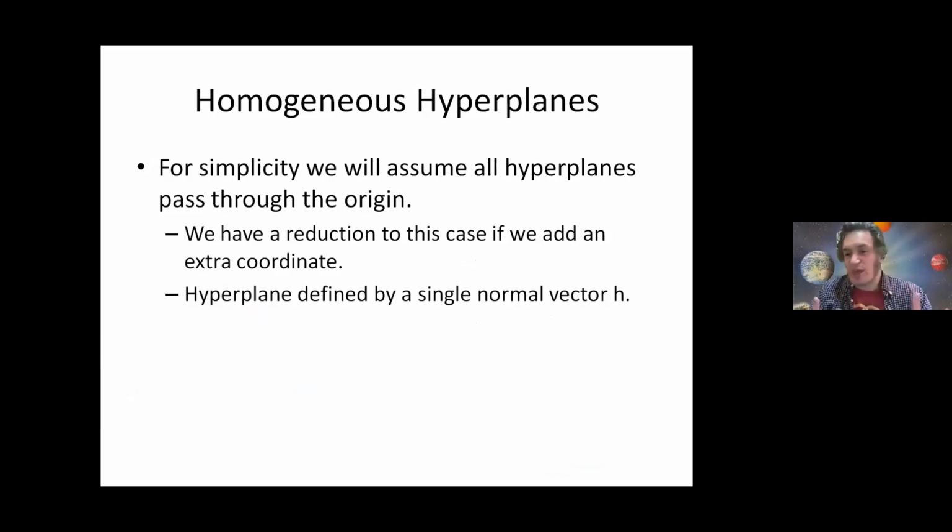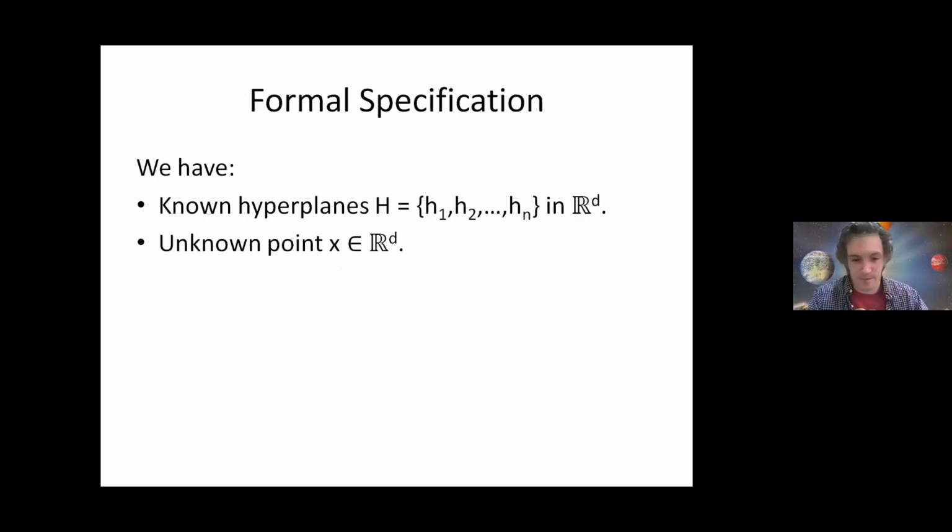This simplifies things a little bit, because now my hyperplane is defined by just listing a single normal vector h, rather than listing a normal vector h and a threshold t. This just simplifies the representation of everything a little bit.